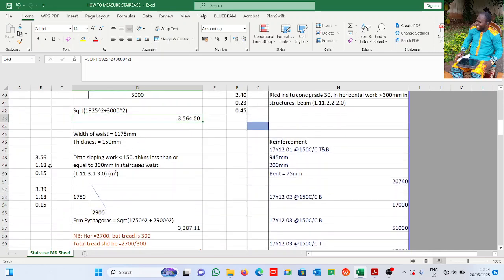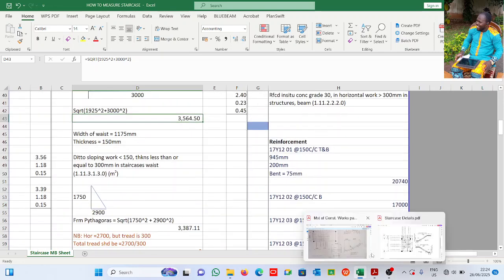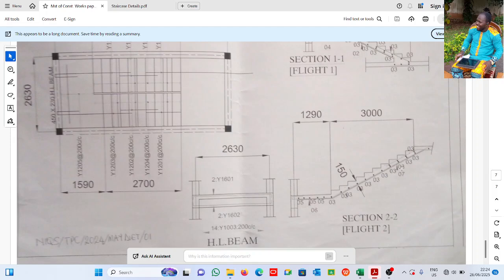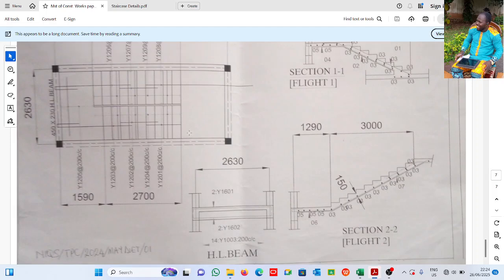Now I already calculated the width of the waist when we did this calculation here, when we got this here. This is one. This is another one. Right, so there are two.